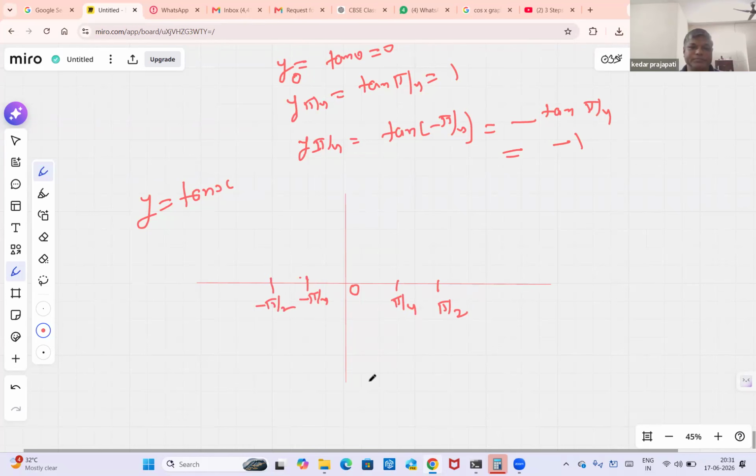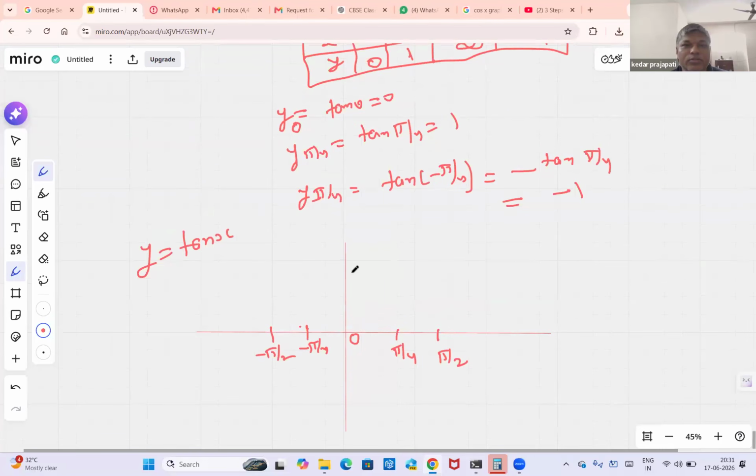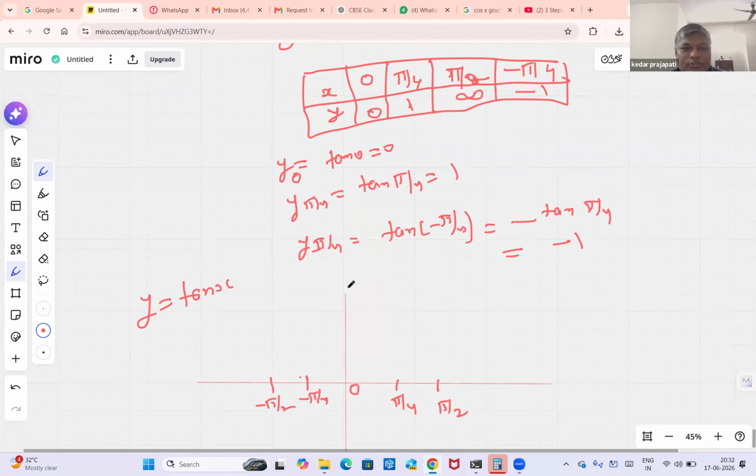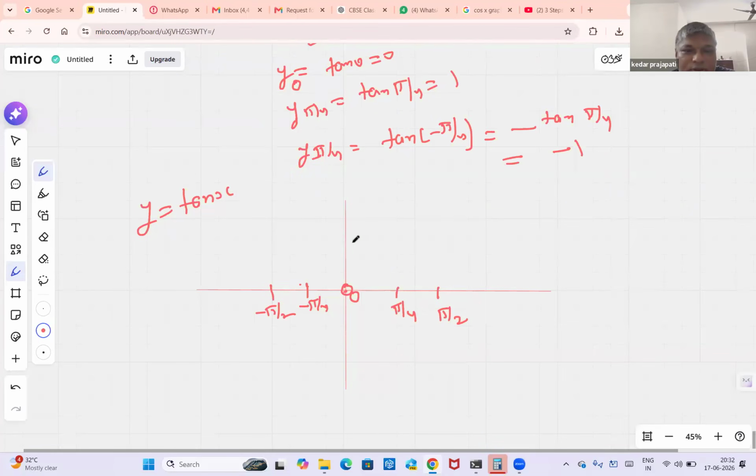Okay. So 0, 0 is here. This side will be 1 and down will be minus 1. Pi by 4 and 1 is somewhere here.